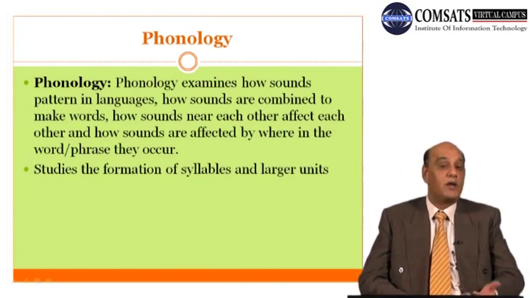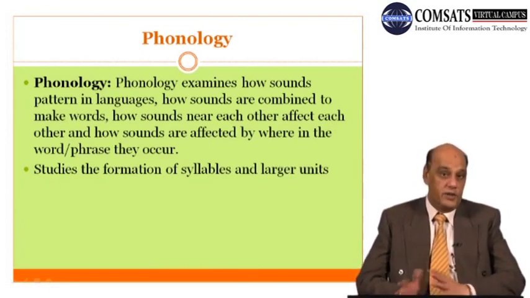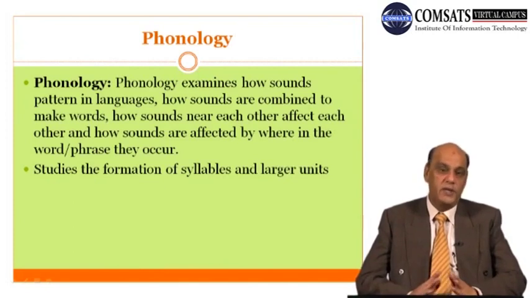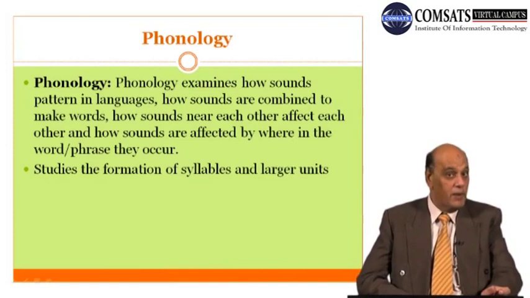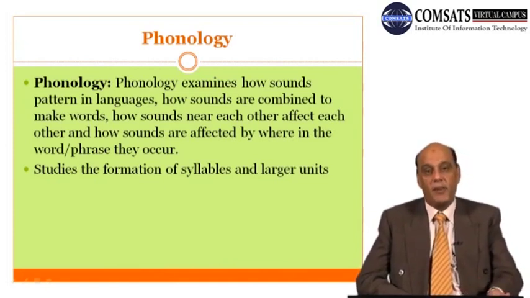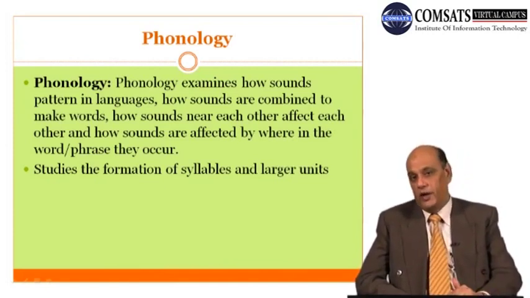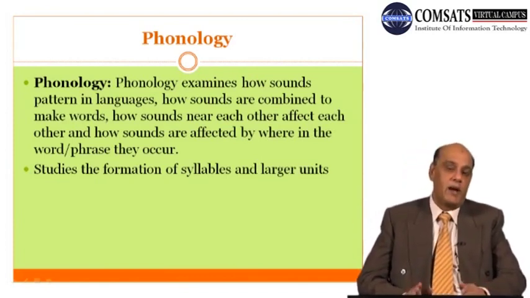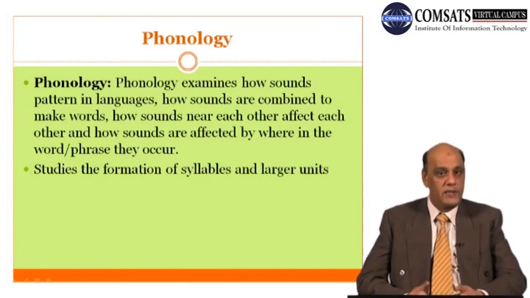How some sounds are combined to make words, and how these sounds near each other affect each other. So when you change the order of that sound, when you put that phonetic symbol at some other place, again that might have a different effect on the adjoining alphabet. When vowels are put at different places, they might give different effect to consonants.